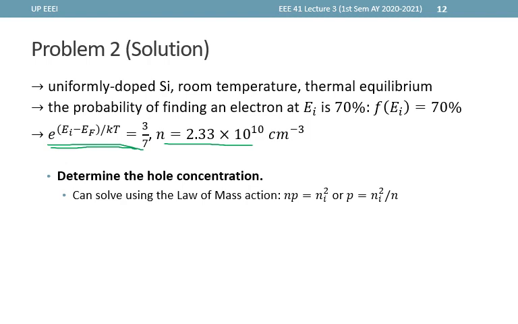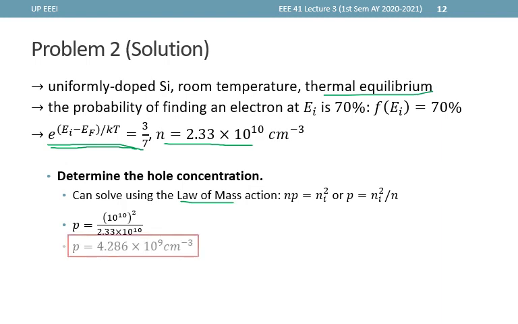We can use this equation since the material is in thermal equilibrium. So p is equal to 10 to the 10 squared over the computed value 2.33 times 10 raised to 10. And we should be able to get something less than 10 raised to 10, which is 4.286 times 10 to the 9. So we already have computed for p.